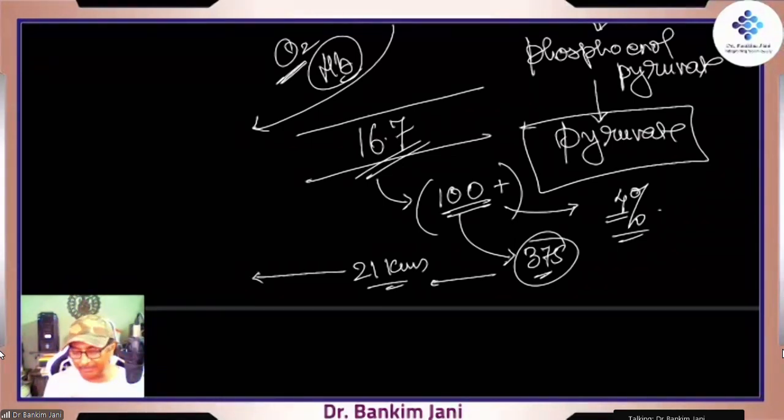But initially when you donate, you will feel some weakness. Within say 72 hours, your liver will once again put that blood into the system, because the liver fires back.